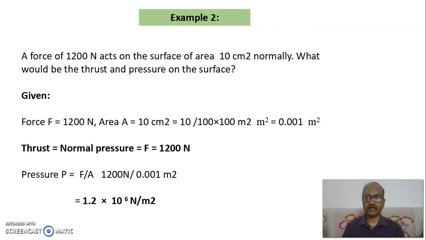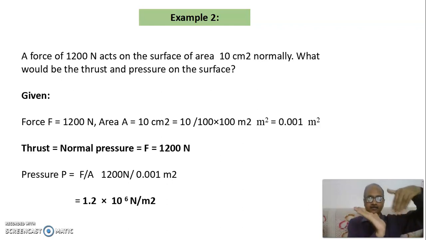So we have that area is 0.001 meter square, force is 1200 Newton. This conversion of area into meter square is very important. If you don't do it, then your numerical will go wrong. Thrust is called normal pressure. Normal means the force that is acting in perpendicular direction.